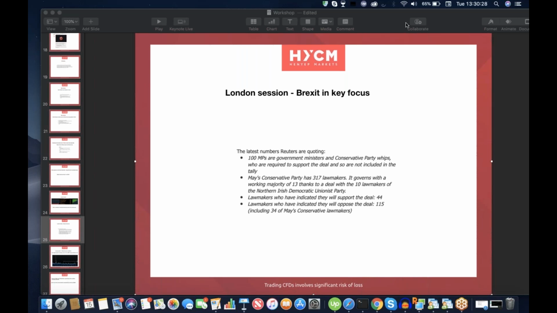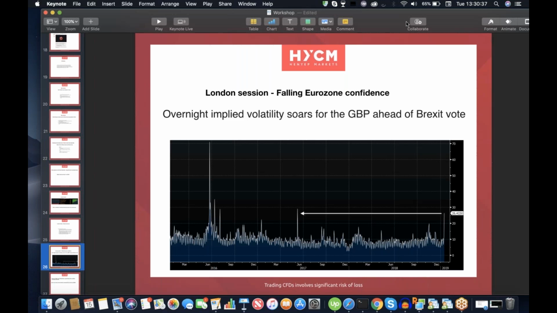So what we'll be looking at is some of the alternatives and options there are should Theresa May lose the vote. Before we do, we'll just look at the overnight volatility. This is the overnight implied volatility for option traders, and you can see here that overnight the volatility has soared up to 26.4150.